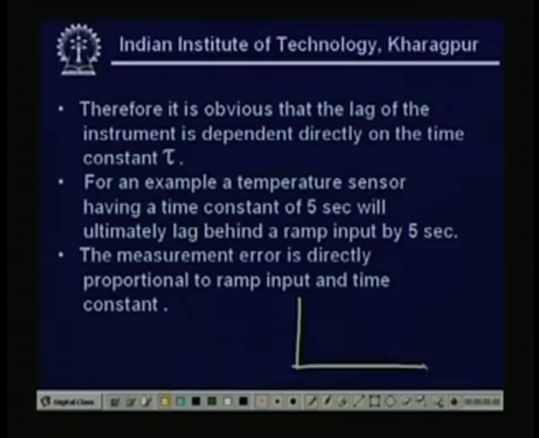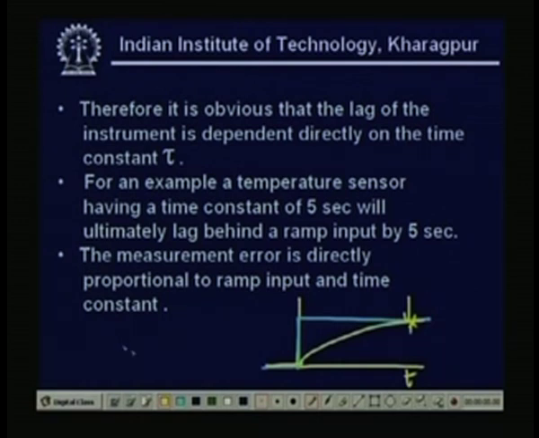If you look at the case of step input, I give an input like this and I get an output like this. After some time there is no steady state error; it will be 0.